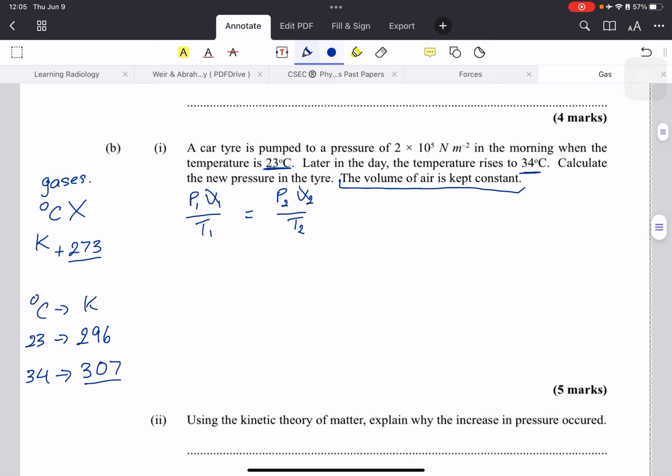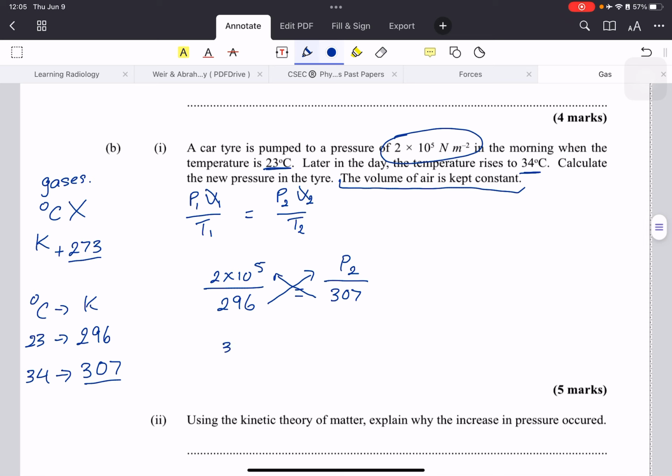Okay, so the initial pressure, this is P1, so I'm going to put that here, 2 times 10 to the 5. The initial temperature is 296, and we have to calculate P2, so we leave that there, and then the final temperature is 307. So all we have to do now is make P2 the subject of the formula and solve for it. Alright, so I could easily cross multiply here.